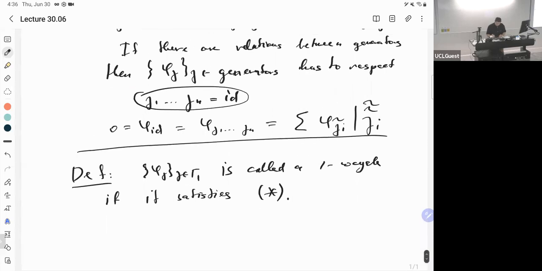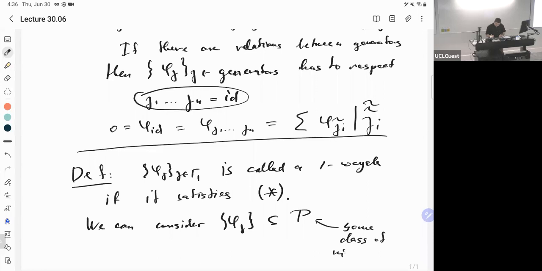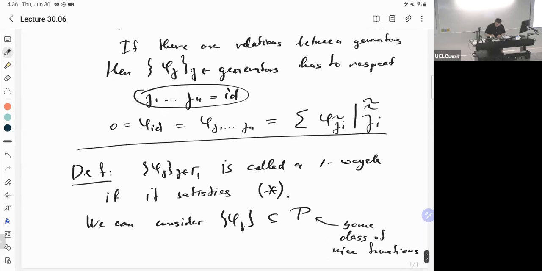What one can also do is restrict, so we can consider phi gamma to be elements from some class P of nice functions. For example, we can consider polynomials, and this has some non-trivial applications in modular form theory.